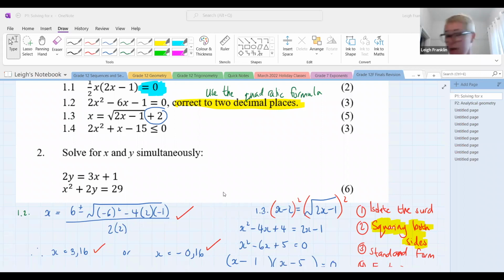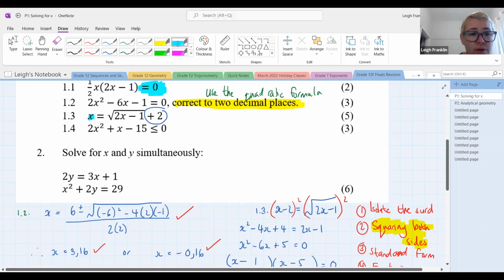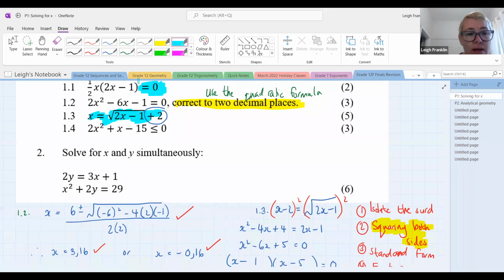So you can see here in the first line, we've got x equals this. So we know what x is, and we know that x is equal to 1. So on the right-hand side, we're going to take our calculator and press root 2 times 1 minus 1, move 1 to the right, plus 2. What does that give us? Does it give us 1?